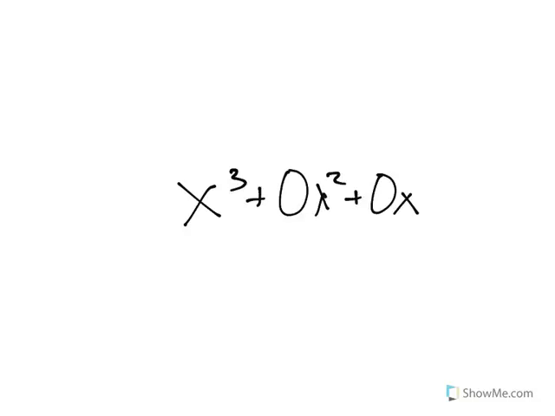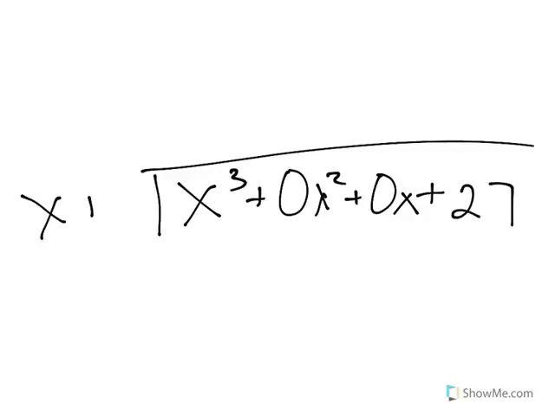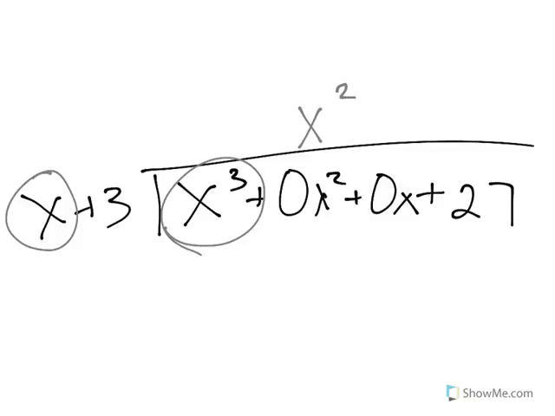So if x plus 3 is a factor, then we can just do long division. Remember that we must add the 0 terms for whatever is not there, and divide by x plus 3. You should already know how to do it, but let's just review. You want to multiply something times x to get x cubed, and so that must be x squared. If we distribute, we get x cubed plus 3x squared.